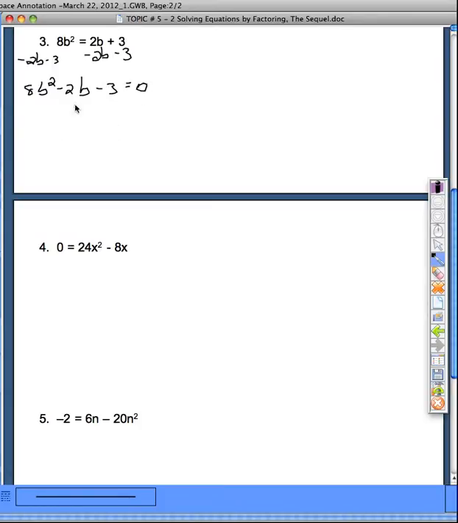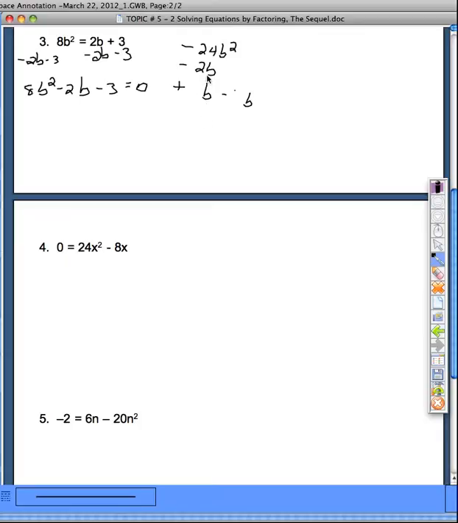There's no greatest common factor to factor out. So I need to see if I can find two factors that multiply to be negative 24b squared and add to be negative 2b, and one will be positive and one will be negative.